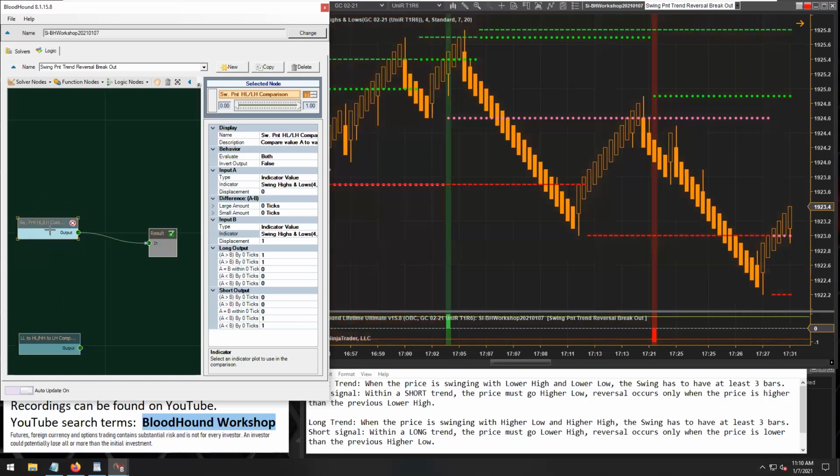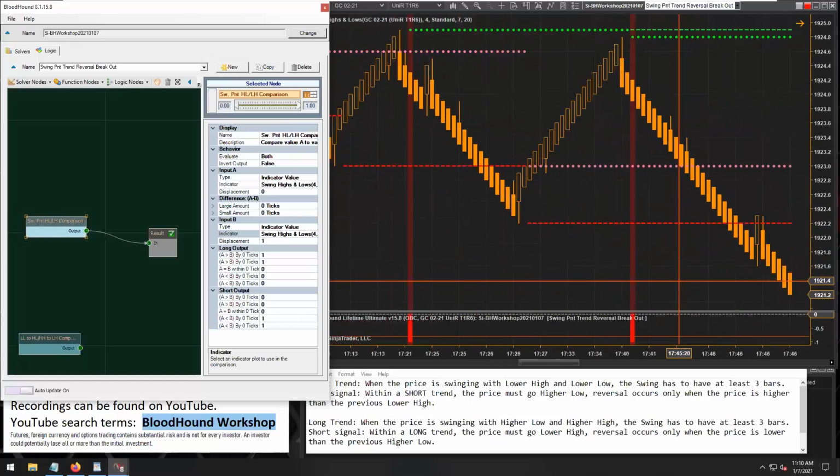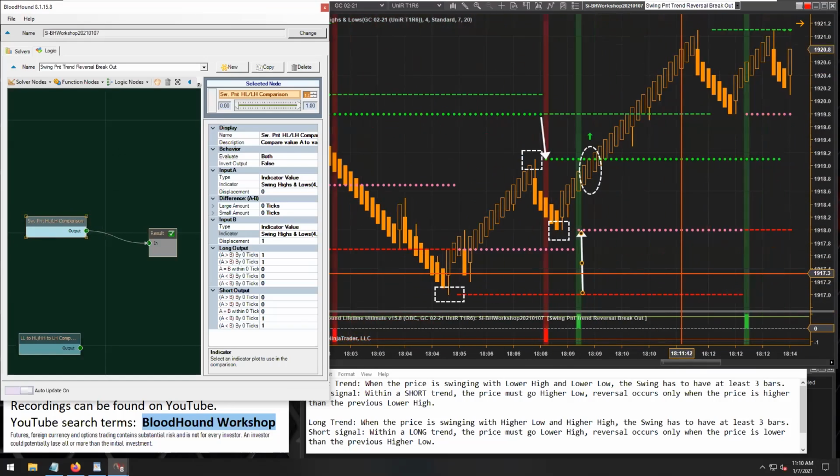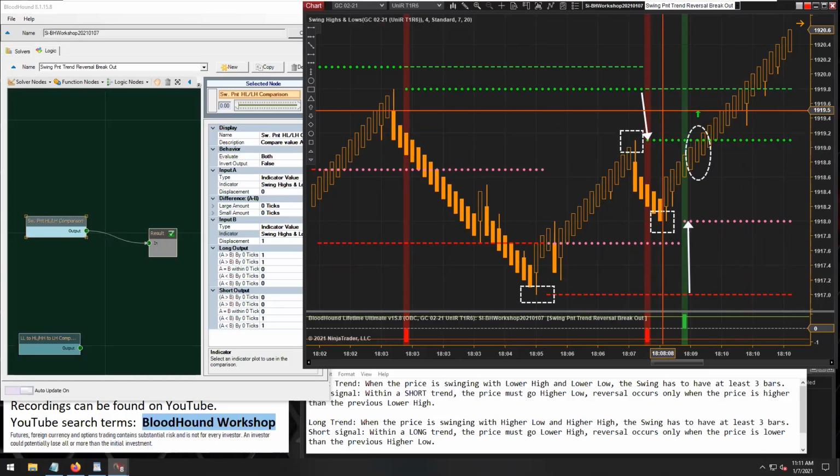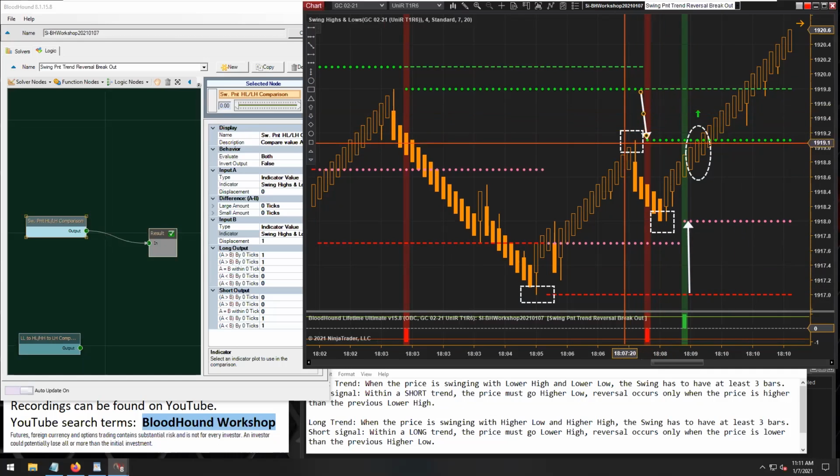Yeah, I think the logic is really going to function around this plot here. So it's going to go back to where we're at here. All right, so what I'm thinking about is, I need to incorporate this lower high detection into it.